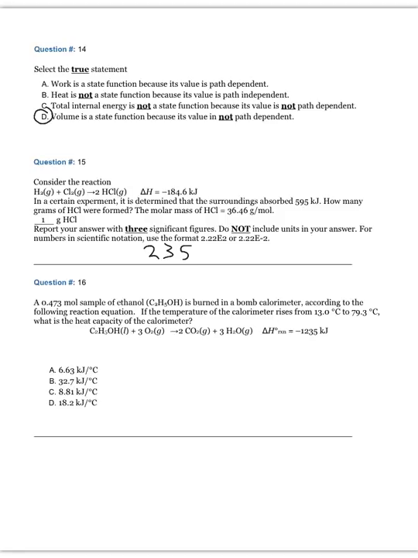The equation: 1 mole of C2H5OH plus 3 moles of oxygen yields 2 moles of CO2 plus 3 moles of H2O, and the enthalpy of that reaction is minus 1235 kilojoules. The answer is C, 8.81 kilojoules per degree Celsius.